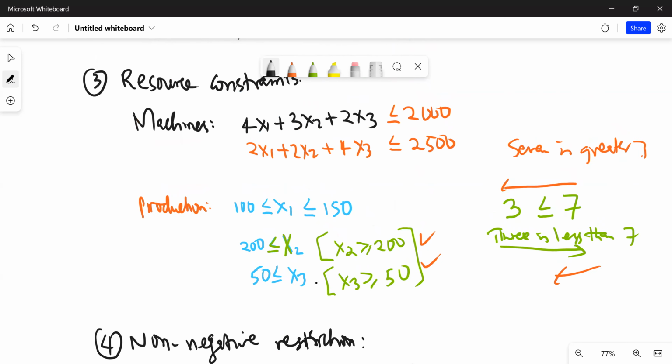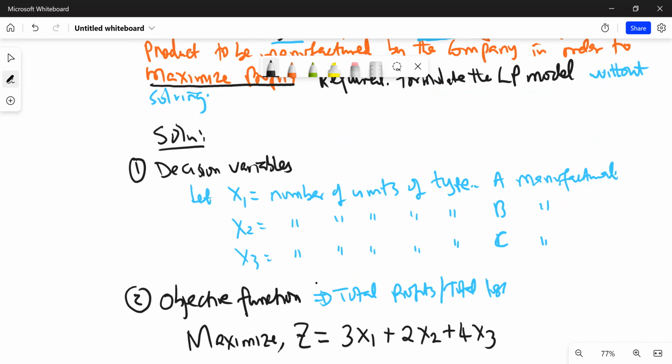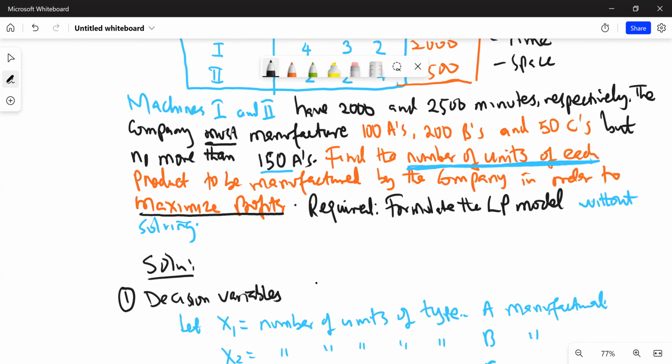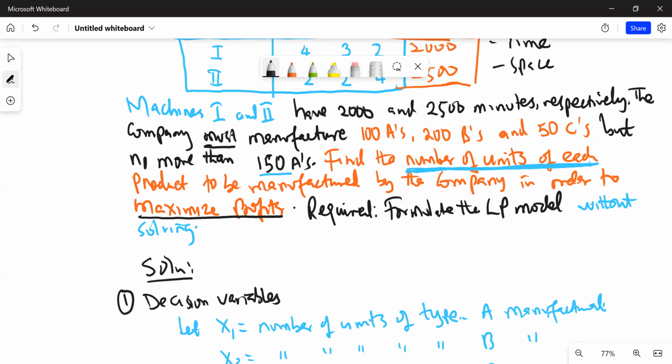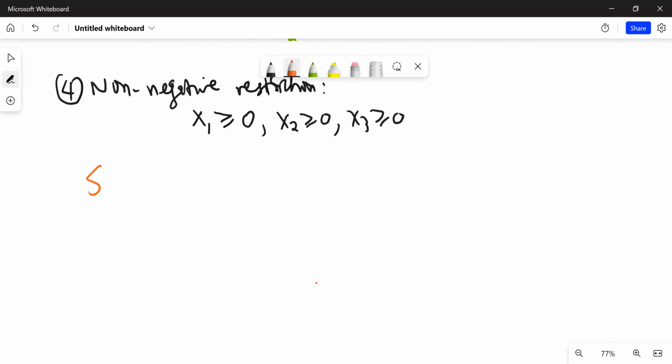So now we have formulated an LP model, or linear programming model, for the question that is given up there. So let's summarize that story.